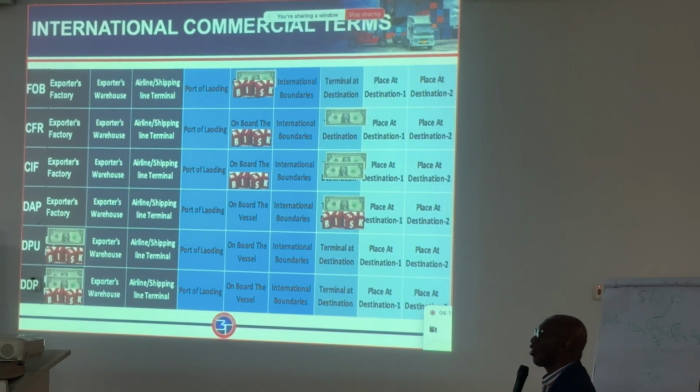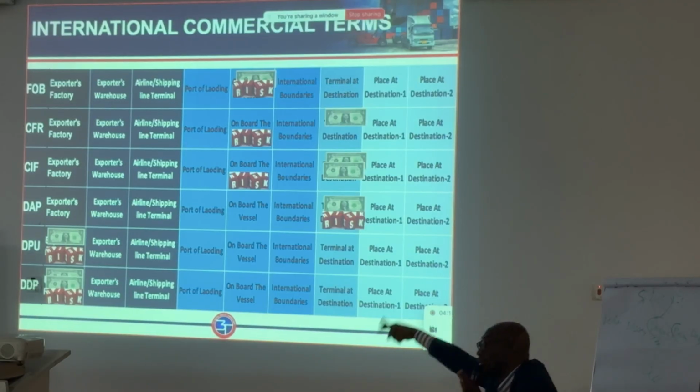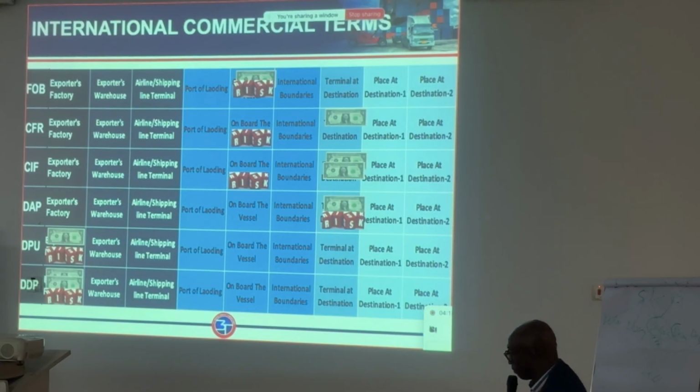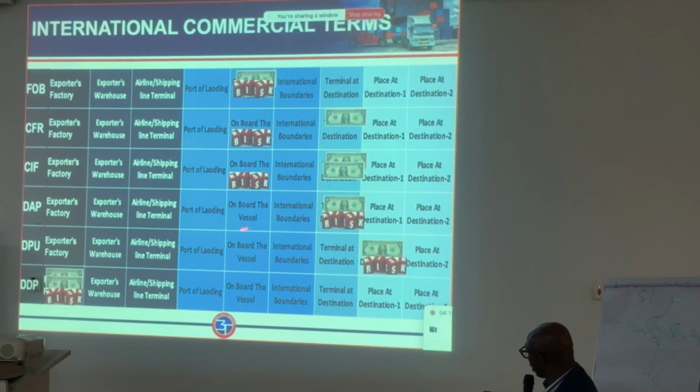He will bear the cost of unloading it from the truck into the warehouse of the importer. So he will bear the cost of moving it to the destination and bear the risk of moving to that destination, and he will also bear the cost of unloading. This is what I call deliver at place unloaded.